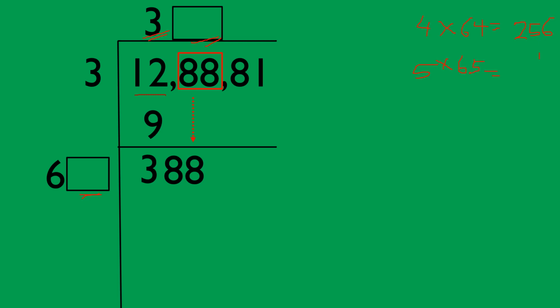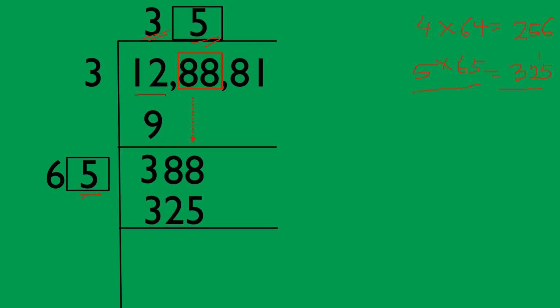What do we have? 5 times 5, 25. 5 times 6, 30, plus 2, 325. So let's try using 5. Looks like a closer figure to use. So if we put 5 there and 5 here, so that becomes 5 times 65, which we have calculated here to be 325.